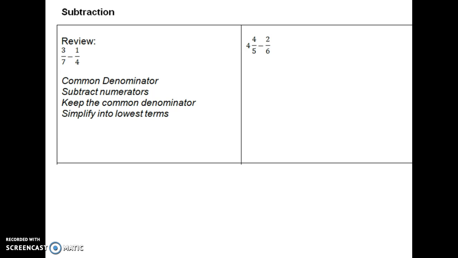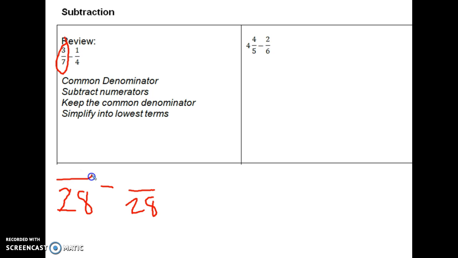First of all, just reviewing quick, when you subtract, you have to have a common denominator. So in this problem, our common denominator is going to be 28. So we'll go ahead and change both of those denominators to 28. And in order to get this one to 28, you multiplied by 4.